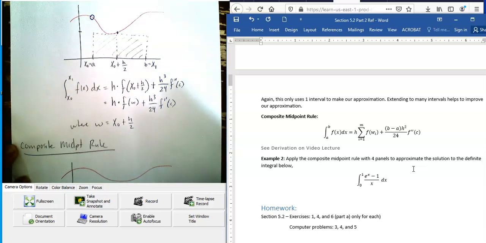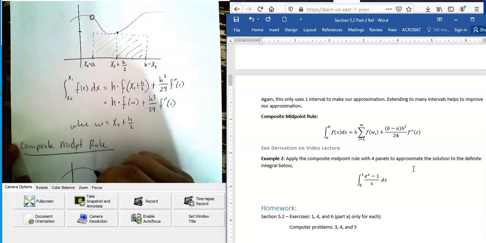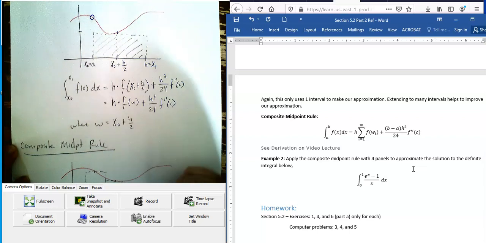Let's say this is x sub m. Here's x1, x2, x sub m minus 1, and so forth. We can generate the midpoint approximations by using rectangles extending between all of our midpoints here.